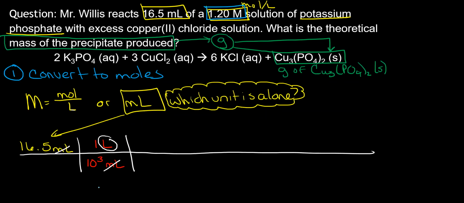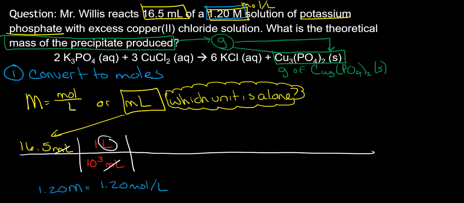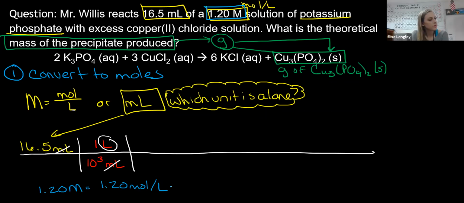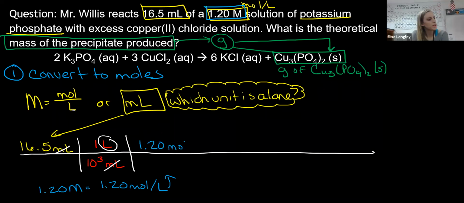Yeah, so 1.20 molar is equal to 1.20 moles per liter. Can I use this to help me? How would I plug this into my formula up here? You would plug it up top, right? Yeah, 1.20 moles would be on the top. 1 liter would be on the bottom because we're trying to cancel liters, right?